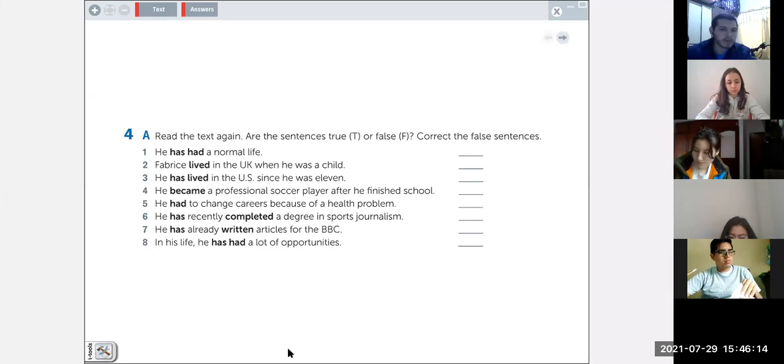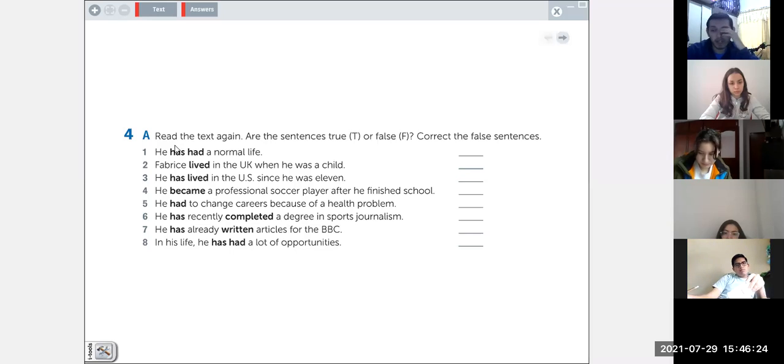What is the structure? First, we have the subject. After the subject, we have the auxiliary verb. In this situation, it is has because of the third person, right? But normally we have have as auxiliary verb. It depends on our subject, right?